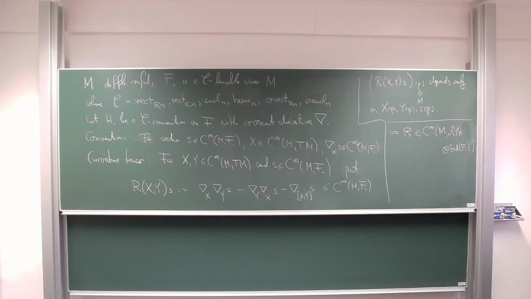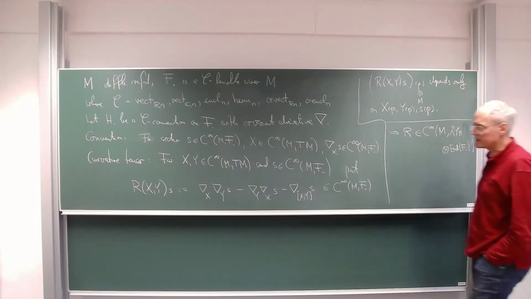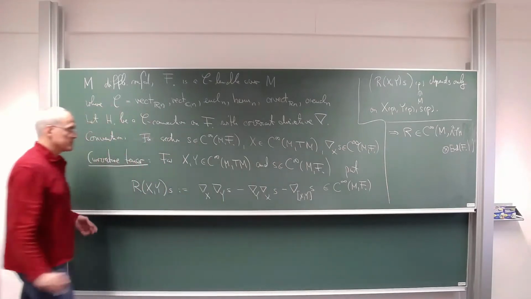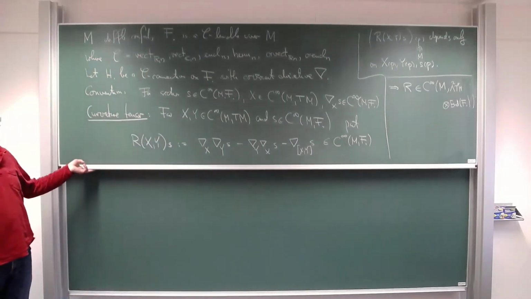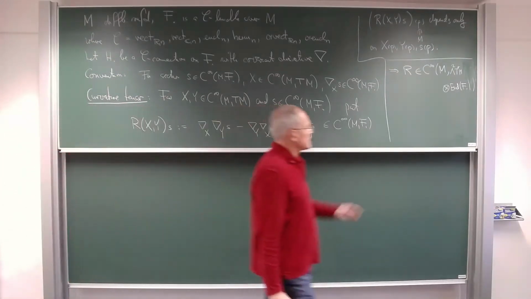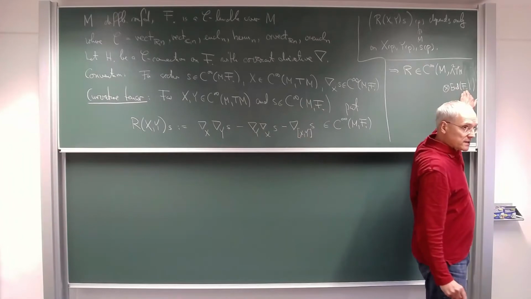All right, so that is my curvature tensor. And you certainly have seen this in differential geometry 1 course, at least in the case when this bundle is the tangent bundle itself.